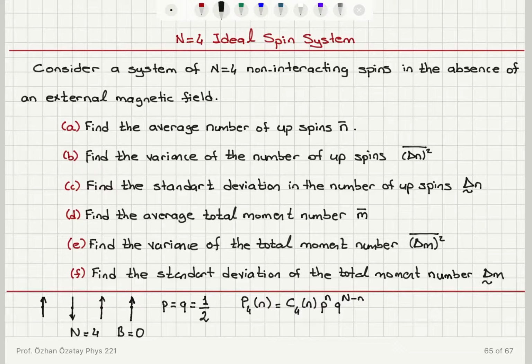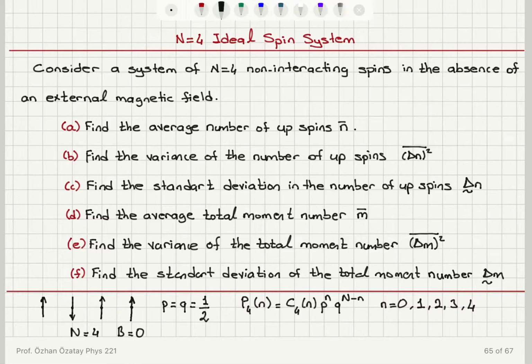So let's list them here. n can be 0, 1, 2, 3, 4. All of them are up, or there's no down. The corresponding total moment number, basically remember what this total number was.